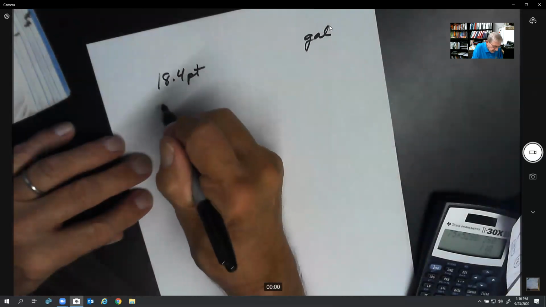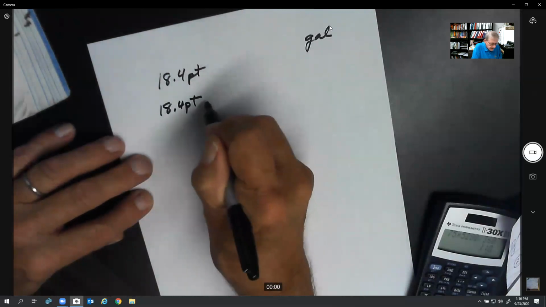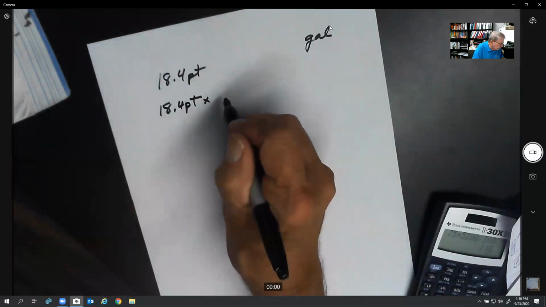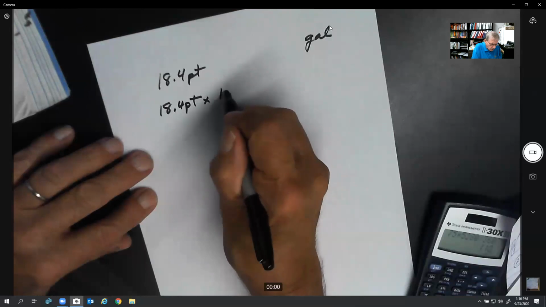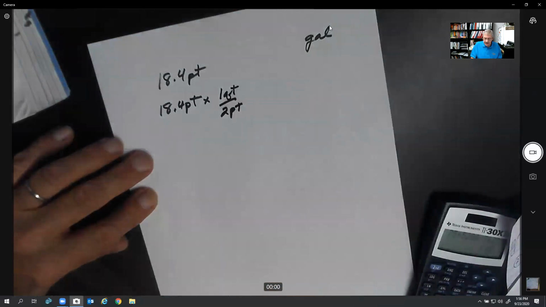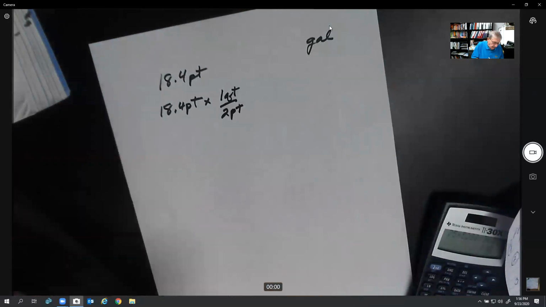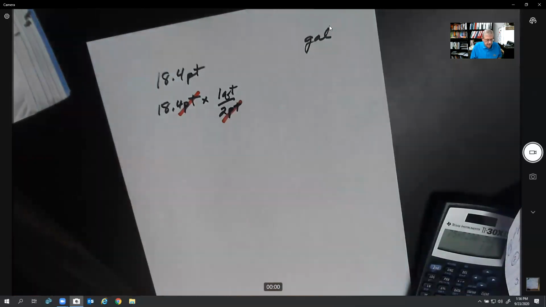So 18.4 pints times what? Well, what does it say here? 1 quart is 2 pints. I want the pints on the bottom. This is kind of a pint-sized problem. Cancel that out. Okay.